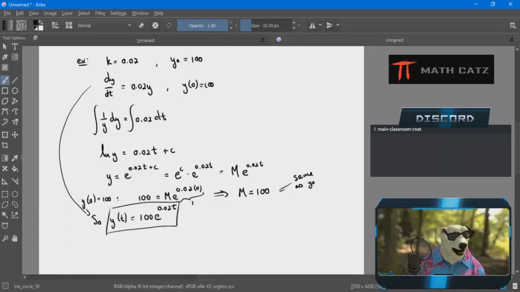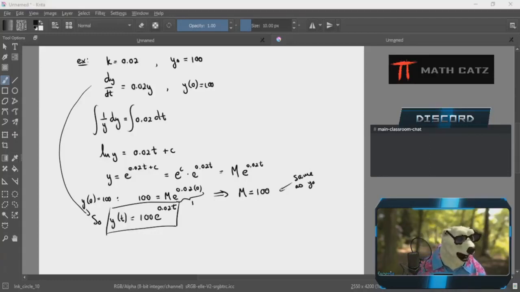And then I can use that function to ask questions such as, given a certain time, what is the population size at that time? Given a certain population, what is the time when I get that population size?